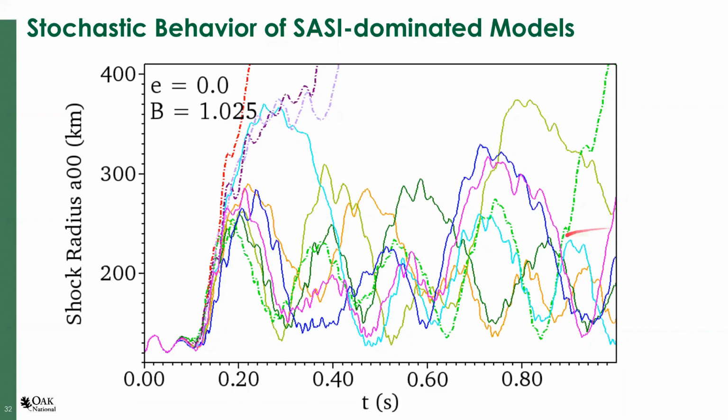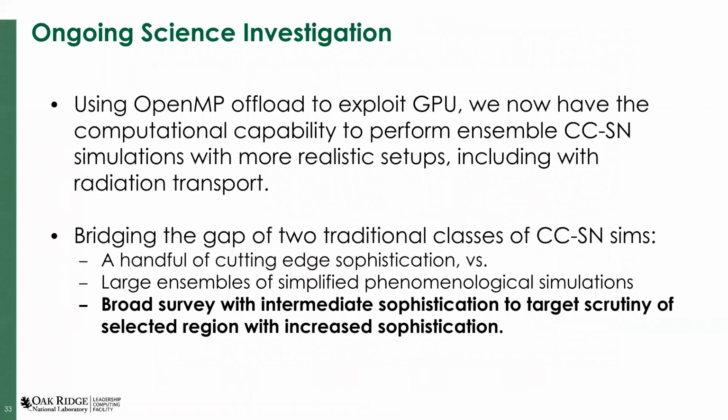So what we found out is that out of 10 simulations here, only 4 produce explosion. So this is a discovery, that there's a stochastic behavior in the model driven by this accretion shock instability.